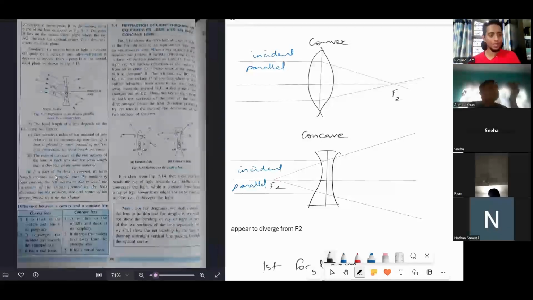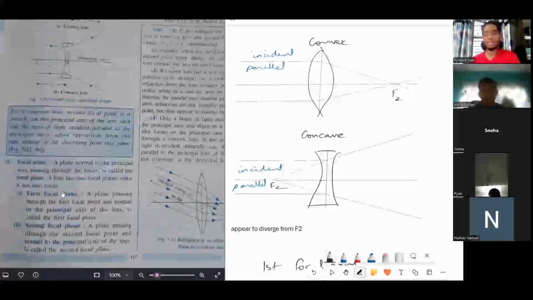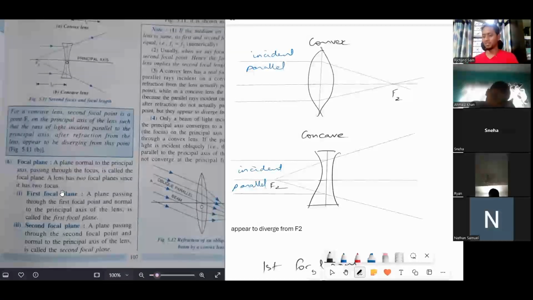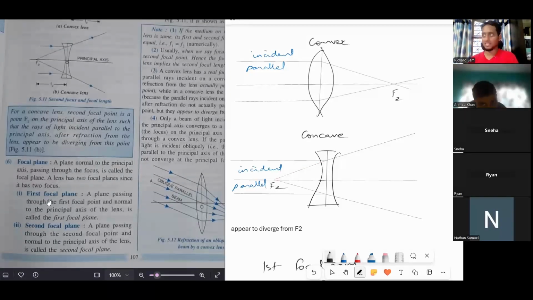Okay, last two words that are here is focal plane. Focal point is there, focal length is there, focal plane is there. What's the difference? Focal point is that point where the light meets or appears to meet. Focal length is the distance from optical center to that.